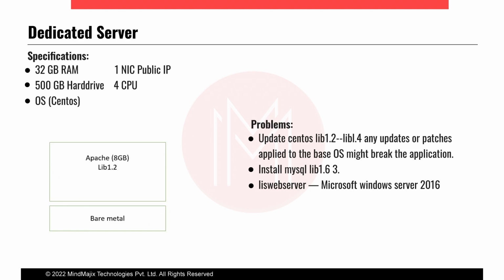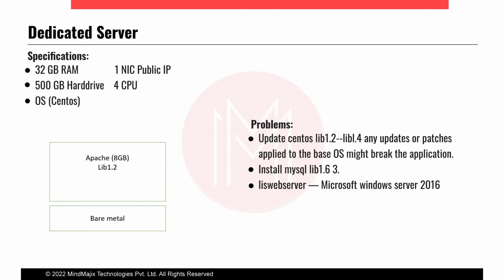For example, if you are updating your CentOS, right? Now, as of now, Apache is using a library of 1.2. During your update, library 1.2 got updated to library 1.4. So now what happens to your Apache service? What happens to your application?